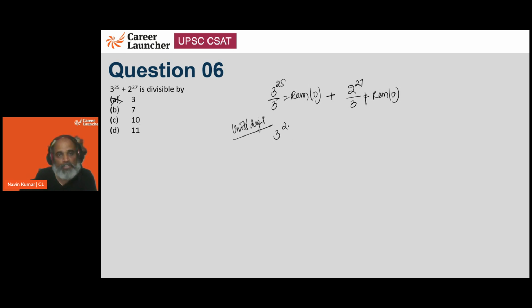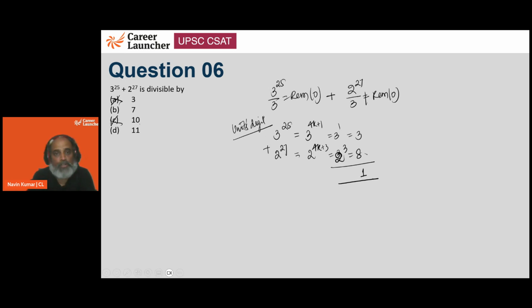The units digit of 3 to the power 25 is the same as 3 to the power 1, which will be 3. And 2 to the power 27 is 2 to the power 4k plus 3, which is the same as 2 to the power 3, giving us 8. Now their sum is going to end in 1, so it's not a multiple of 10.